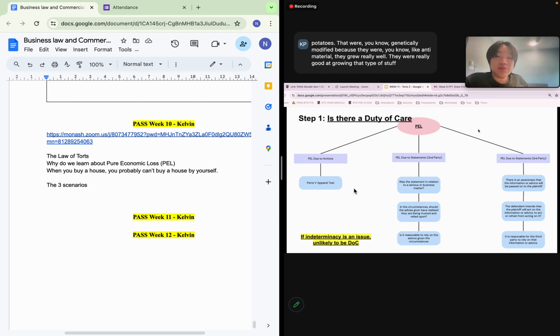So Pound really wanted these potatoes because he could propagate them a lot easier. But what actually ended up happening was that the potatoes caused a bacterial infection and it spread to the surrounding lands within a 20-kilometer radius. And so anywhere within that 20-kilometer radius, crops were no longer able to be grown because of this bacterial infection. So indeterminacy is when it affects an unlimited number of people.